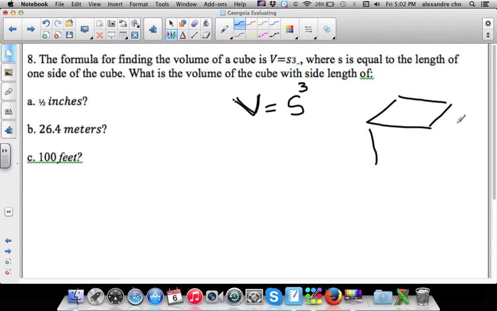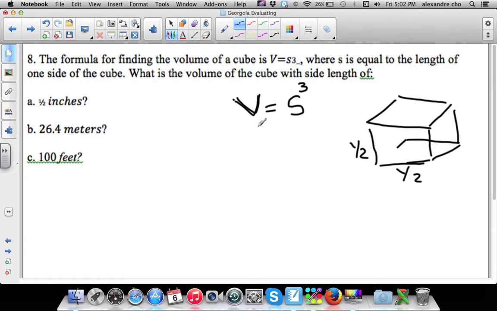If you think of a cube, think of a die. A die has all the sides exactly the same. So if this is a 1/2 inch, all sides are 1/2 inch. If this is 26.4 meters each side, every side is 26.4, and obviously if one side is 100 for letter C, every side is 100.